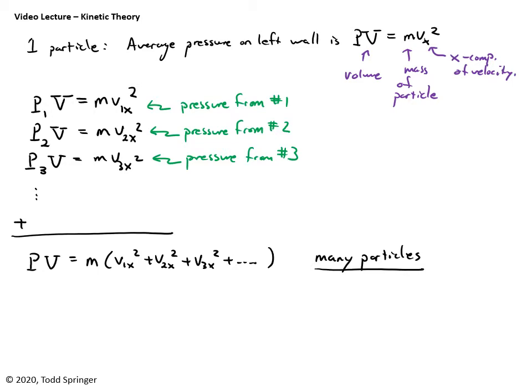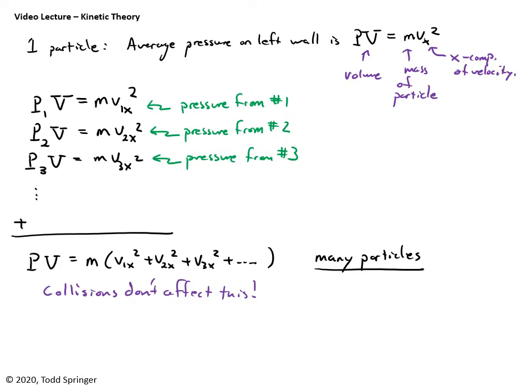You might be worried about, well, what if the particles collide with each other? Doesn't that make things more complicated? And the answer is no. Collisions don't affect this, and the reason is because the collisions conserve momentum. The amount of force that is exerted on the wall is related to the amount of momentum change that the wall is causing, right?